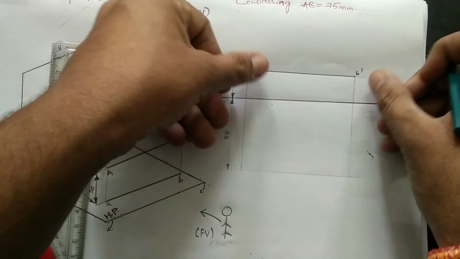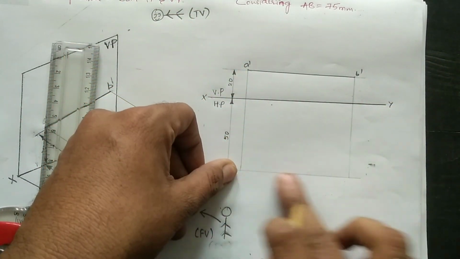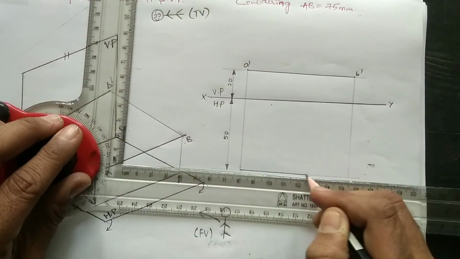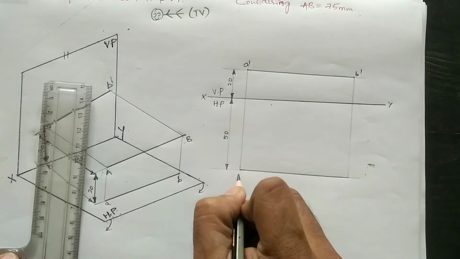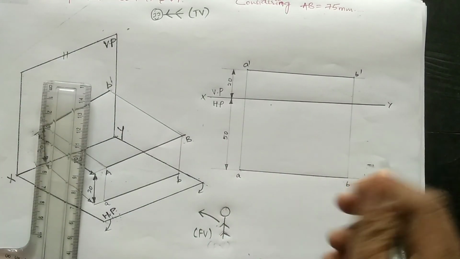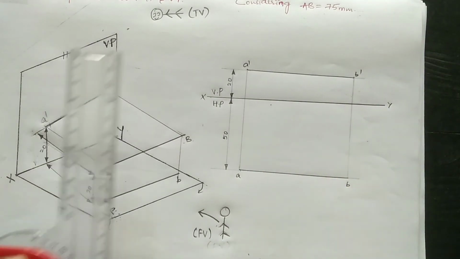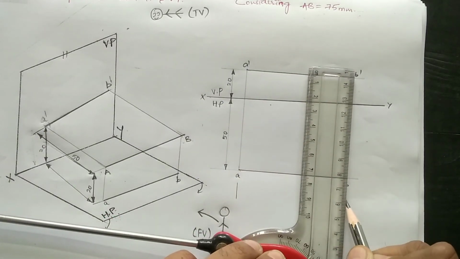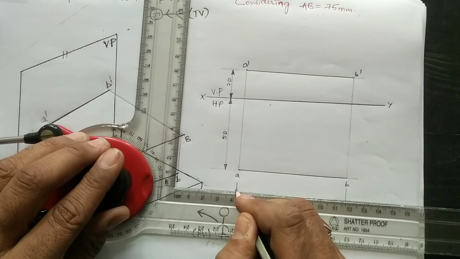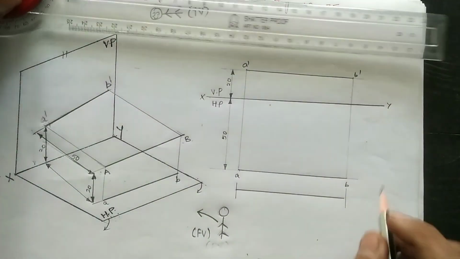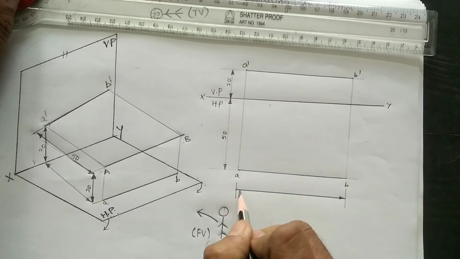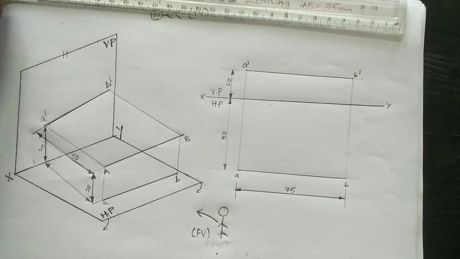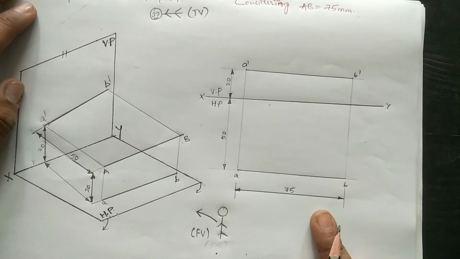Then the projection lines are drawn along the same path so that the top view also lies on the same path. Writing it here, A, B. Considering any one of these, mention the dimension line also, which is around 75 mm. So this is the first orientation of the line.